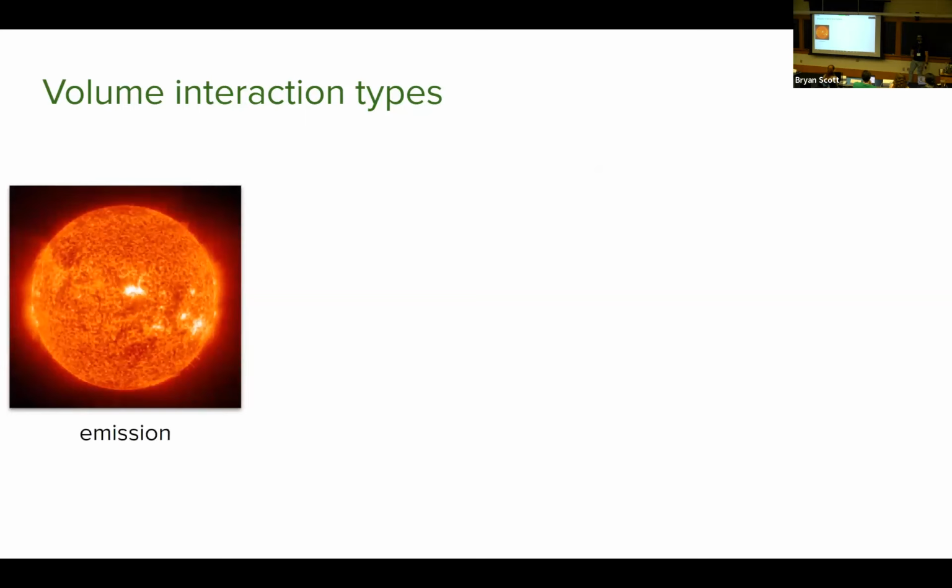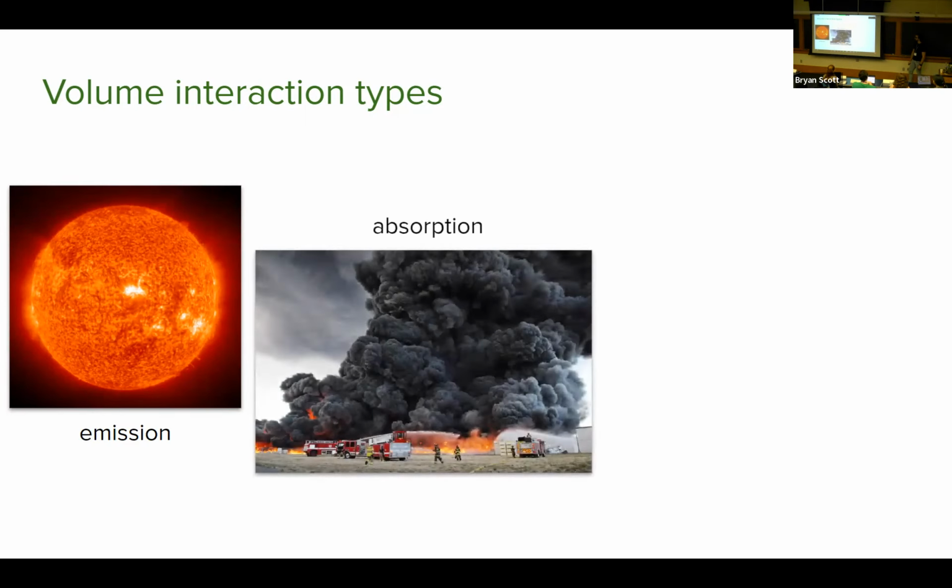So what are typical sources of these interactions? For emission, any star is plasma, so it mostly just emits light, but of course there is also scattering within that volume of plasma. For absorption, smoke is typically very dark because it mostly just absorbs. It doesn't emit anything and it doesn't scatter all that much.